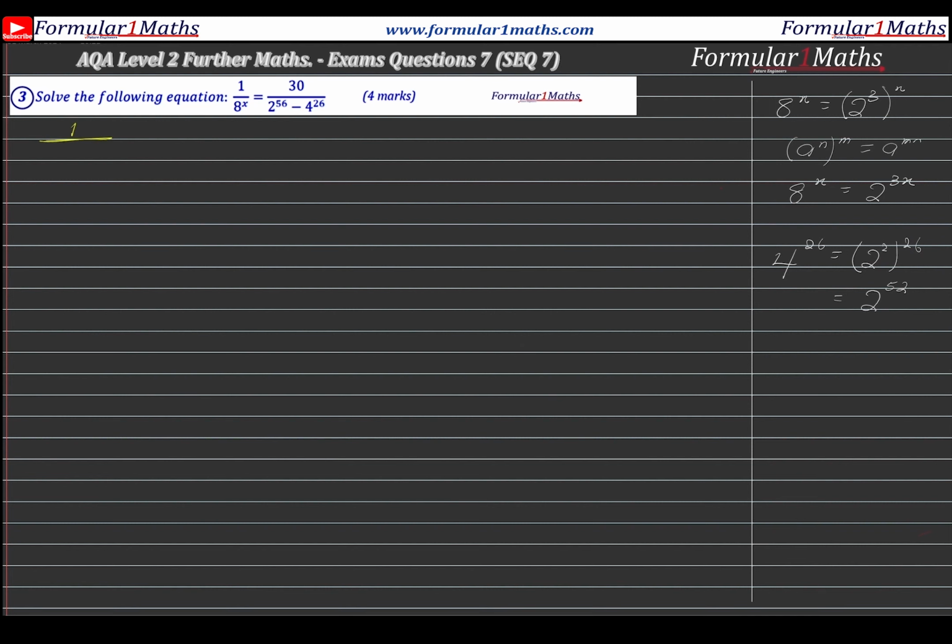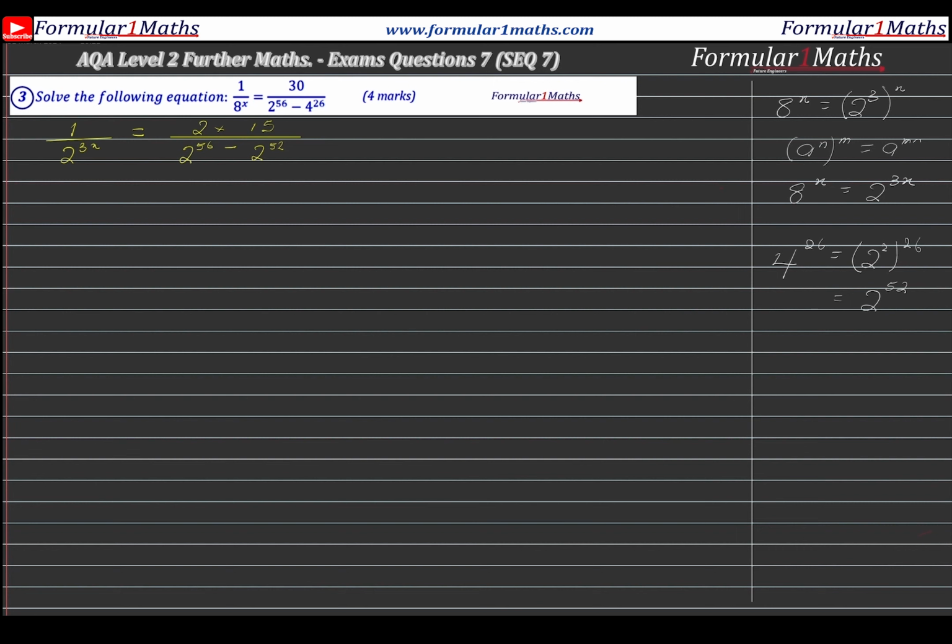1 over 2 to the power 3x is equal to 30, which can be written as 2 times 15. And so I have 2 times 15, all of that over 2 to the power 56 minus 2 to the power 52, because we got that one over here.